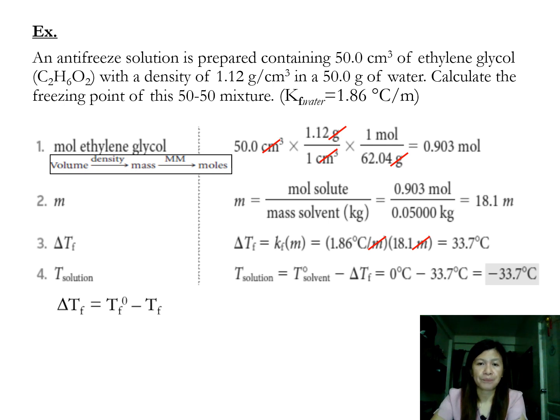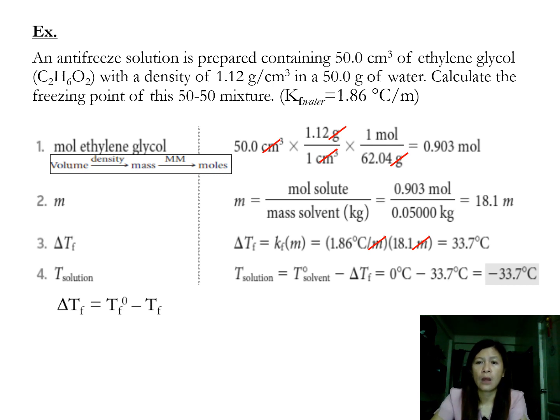The freezing point of the pure solvent is given as 0 degrees Celsius, as indicated in the table in the previous slide. That's 0 degrees Celsius, the freezing point of water, minus the calculated freezing point depression in step 3, 33.7 degrees Celsius. So the answer is negative 33.7 degrees Celsius.